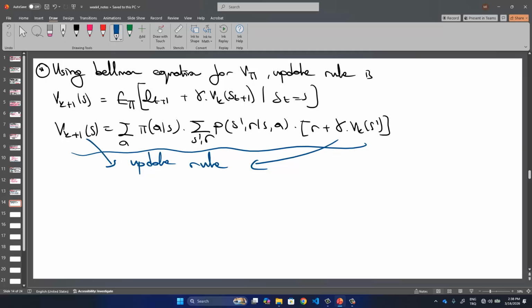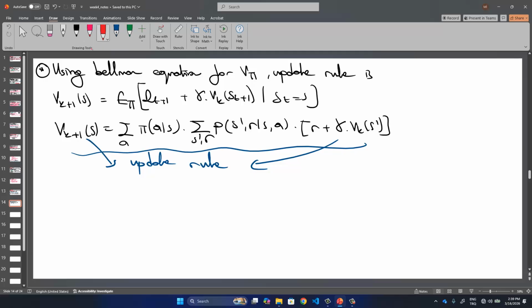We can iterate the results of these terms. Okay? This generates the iterative policy evaluation. Iterative policy evaluation. And so, how can we write the conditions of these terms?